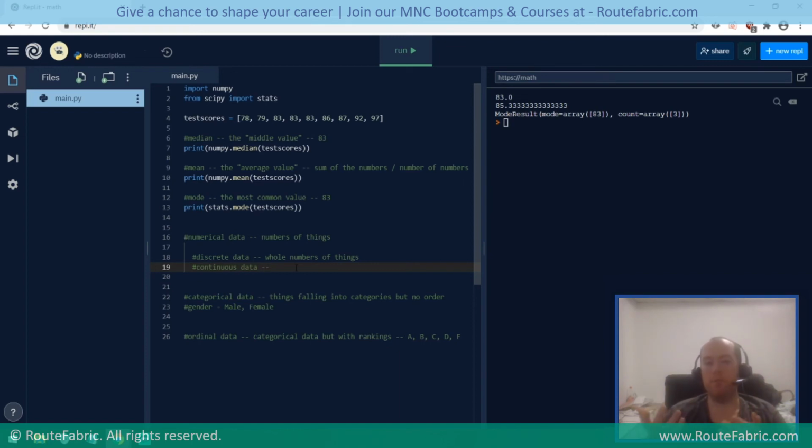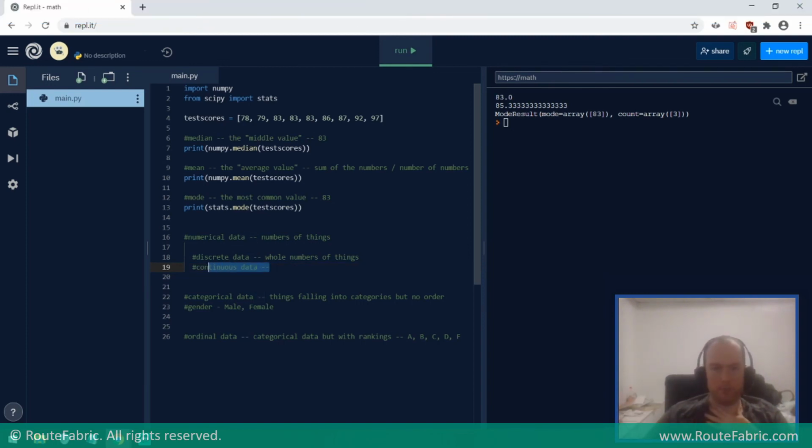You could have 74 degrees, you could have 75 degrees, but you can have an infinite number of different degrees in between 74 and 75. You could have 74.5 degrees, 74.55 degrees, 74.555, and you could have an infinite number of numbers in between those 2 points, or in between anywhere. So continuous is infinitely specific numbers, and discrete is always whole numbers of things.